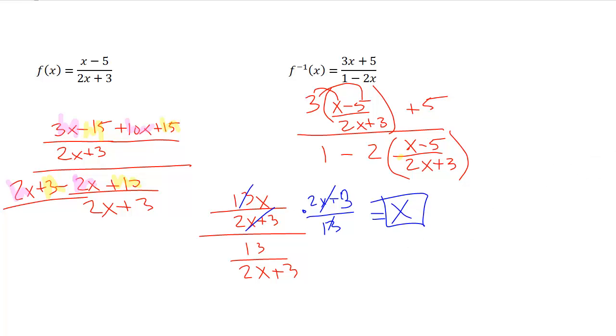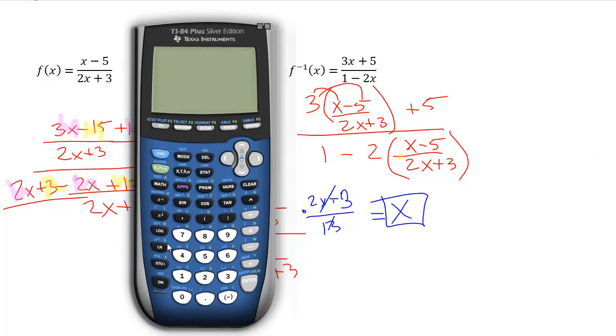Again, we can always verify. We'll pull up the calculator once more. In the calculator, this is where the stacked fraction becomes very useful, as we have these rational functions. So I have x minus 5 over 2x plus 3.